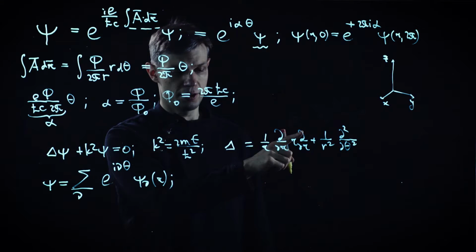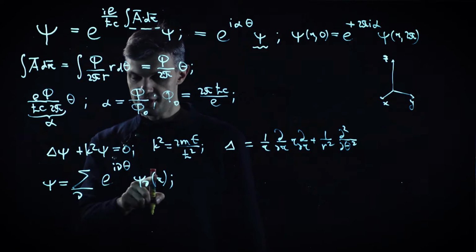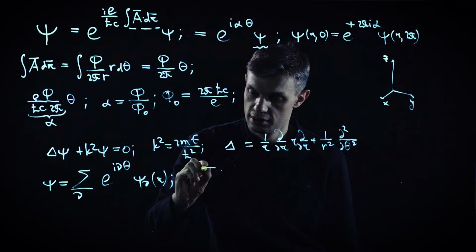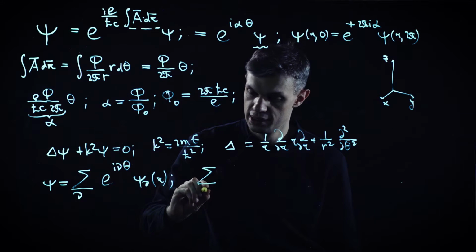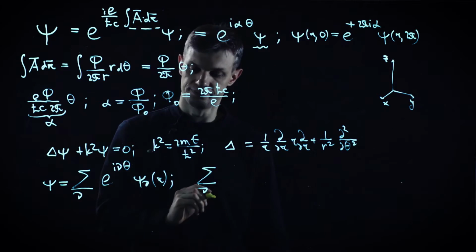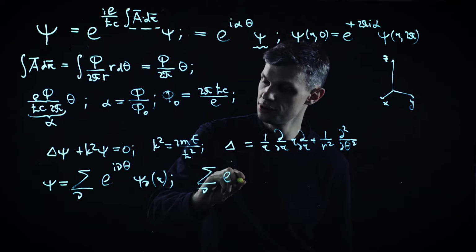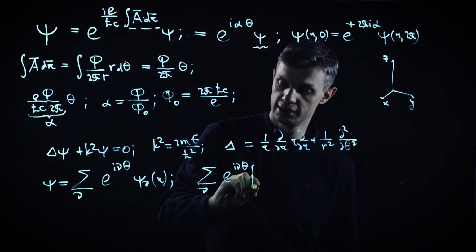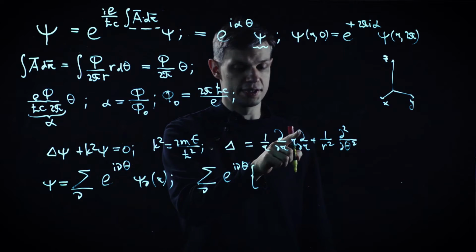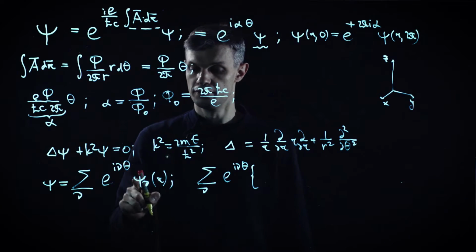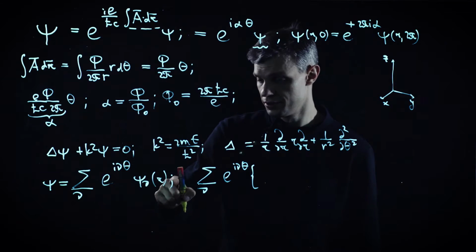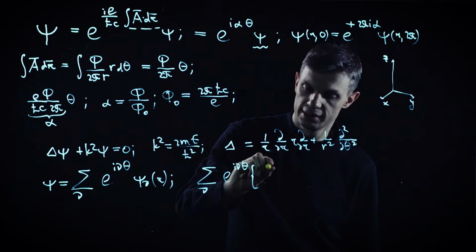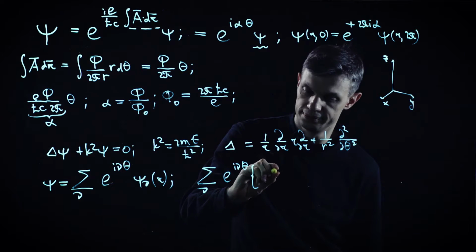As a result, when we plug this decomposition into the original equation, we get a very simple sum. So it's e to the i nu theta, and here partial derivatives are turned into full derivatives of the psi nu function, which are functions of only the radial variable, and here is the result.